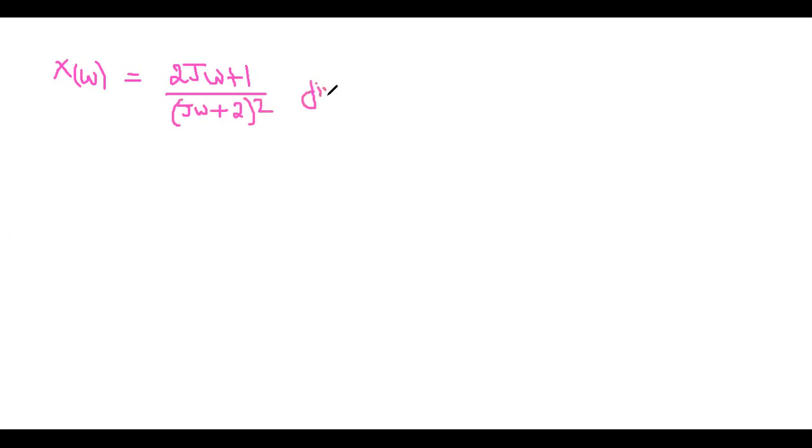Find the inverse Fourier transformation of 2j omega plus 1 by j omega plus 2 whole square by using the partial fraction expansion method.